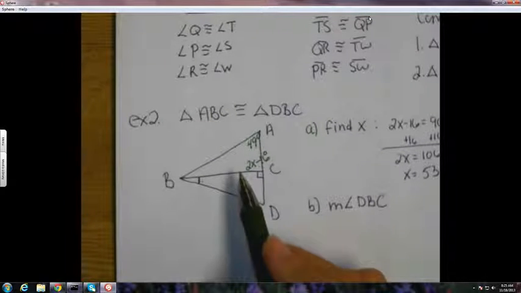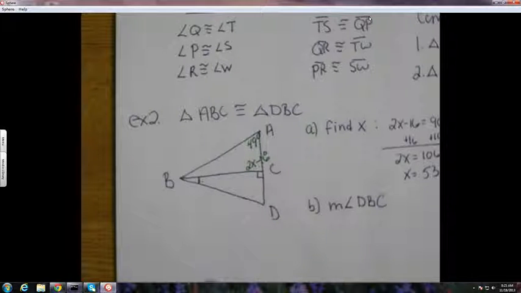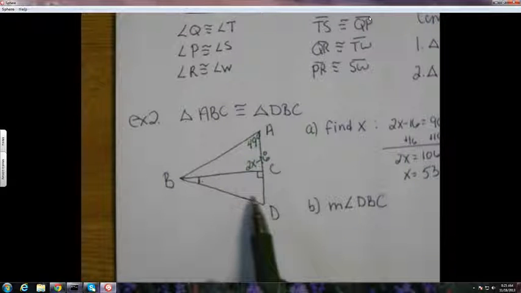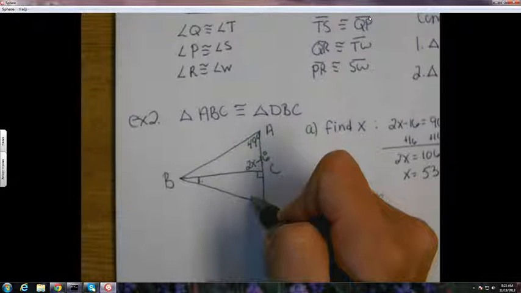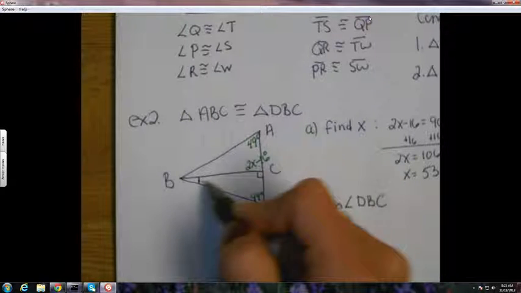Remember, these two triangles are congruent to each other. Do you know 2 of the 3 angles in this triangle here? You got a 90. What's this one over here? 49, because they're congruent triangles, so you know they match up. So you can add and subtract from 180, because you know the 3 angles of any triangle add up to 180.